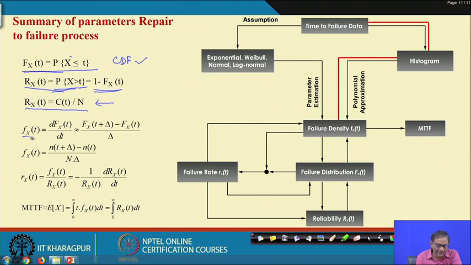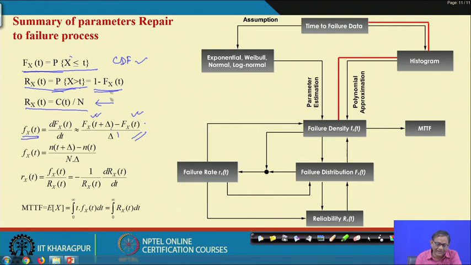And then you have learned also f_X(t), which is nothing but the derivative of the cumulative distribution function. Using this formula, F_X(t plus delta) is the CDF with reference to time t plus delta, minus the CDF with reference to t, divided by delta.